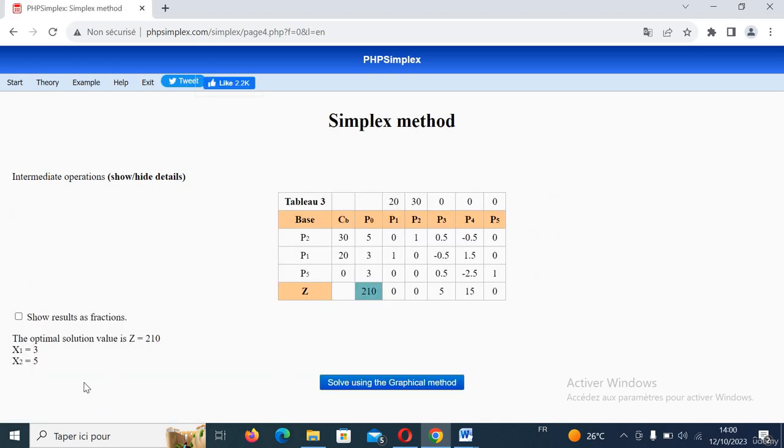The optimal solution value is a profit of 210. For x1, the extra egg, we're going to produce 3 eggs, and for the sublime egg, we're going to produce 5.